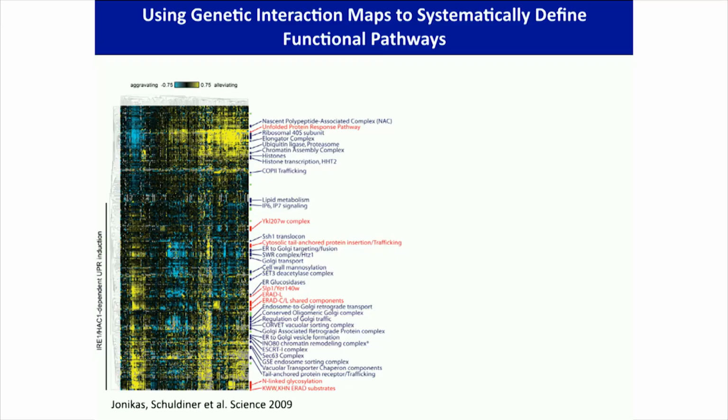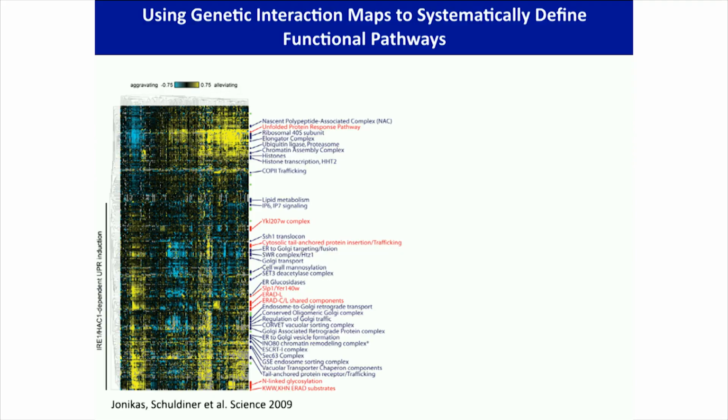So here's an example of an actual map. This one is focused on protein folding in the ER. Each line here is a gene, and you're not supposed to read what the genes are, because that's not the important point. What we've done here is simply reorganize the genes by which ones have similar patterns of genetic interactions.